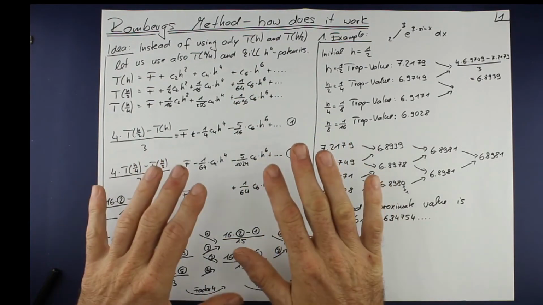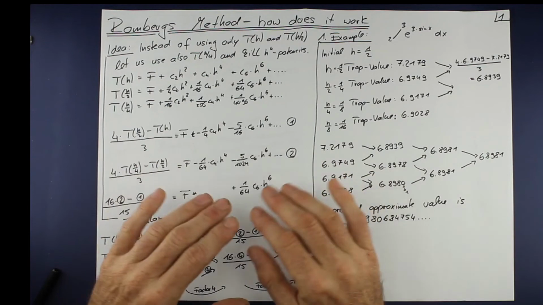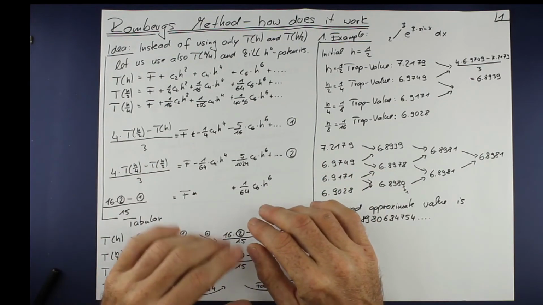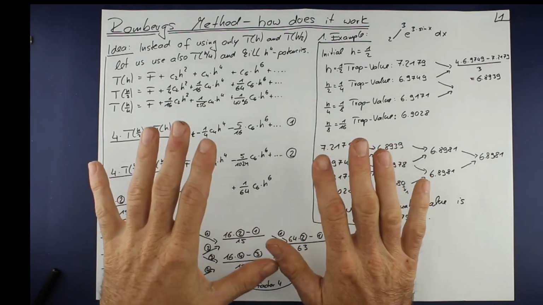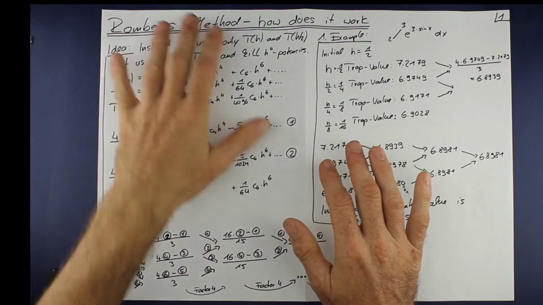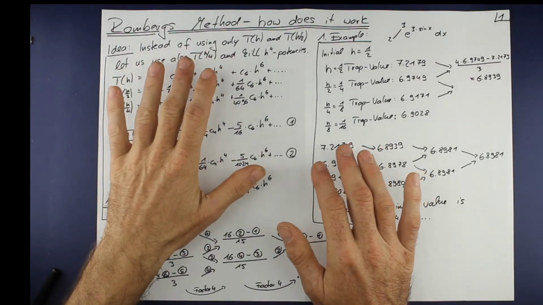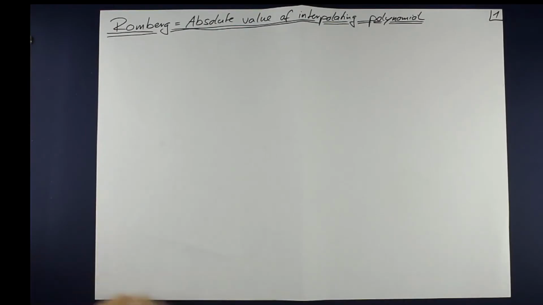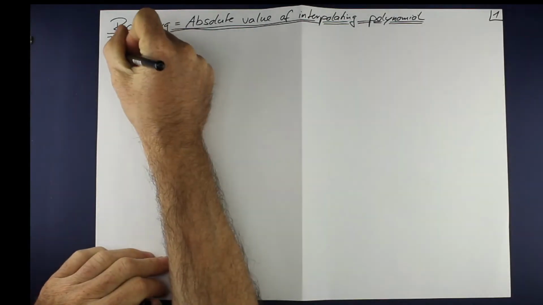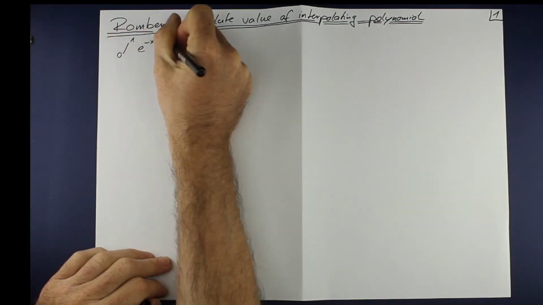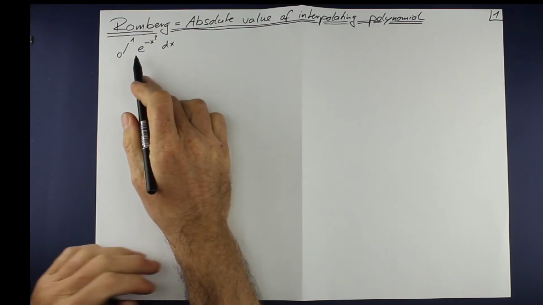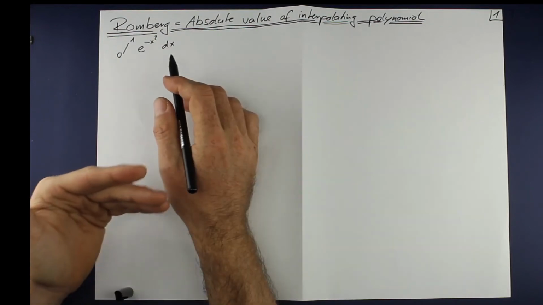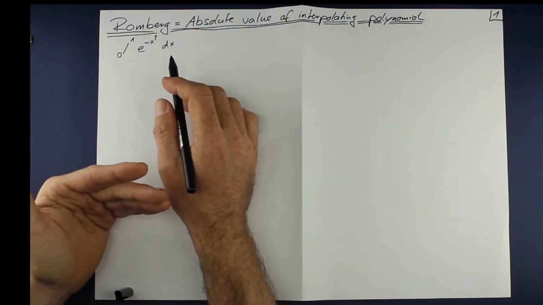So it's really obvious. But maybe it's not completely obvious, so I will write it down once more, but you will see it's exactly what we have written here. Okay, so let's use an example. We are interested in this integral value. Then we calculate the trapezoidal sums.